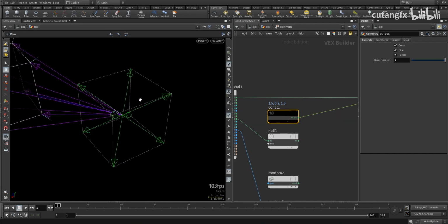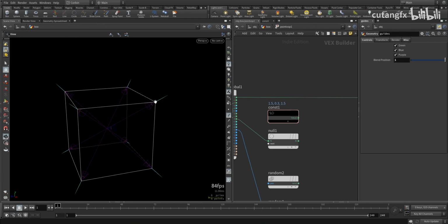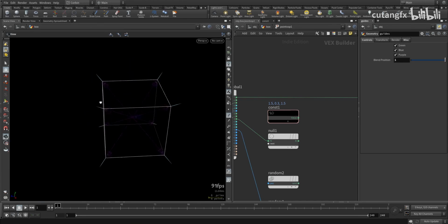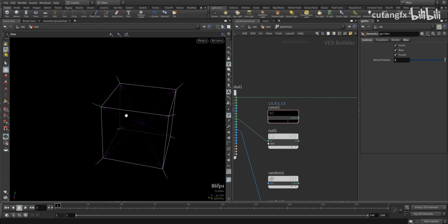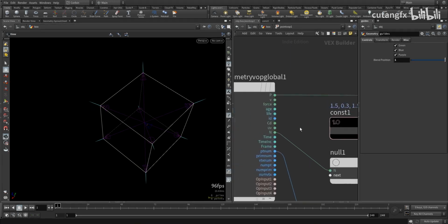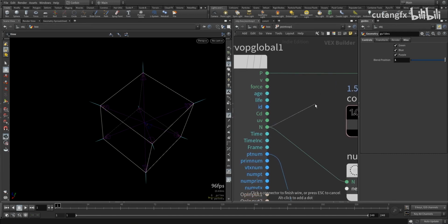So what we're going to do is take our original box like this, and add the vectors, so the normals, to the point position. This box is unaltered, but if we add normals to it, because the normals are unique, same as the point positions, each point has its own unique position and its own unique normal. For example, this point has this normal that's facing this way. None of the other normals face that same direction. So we're taking point position, which is unique per point, and normals that are unique per point.